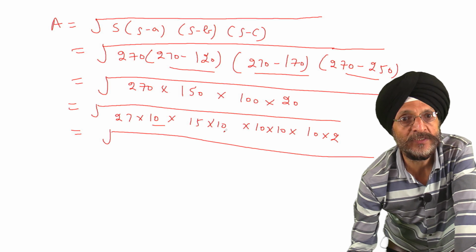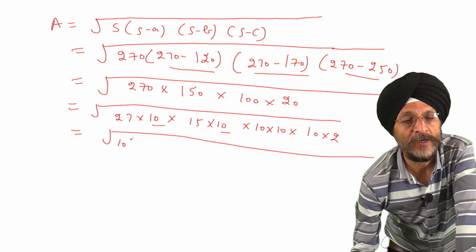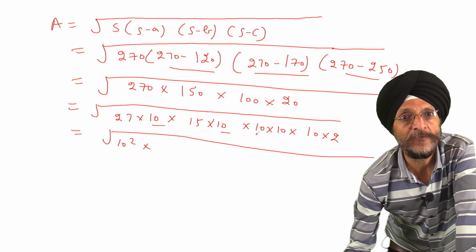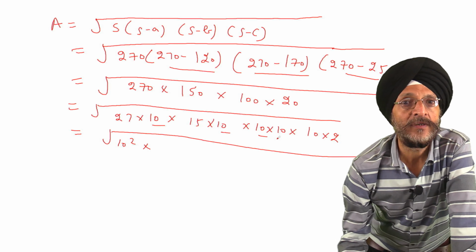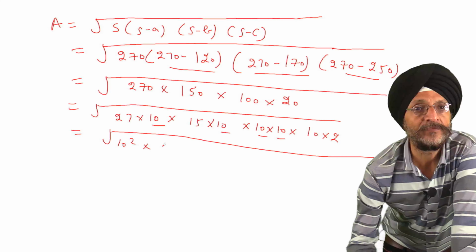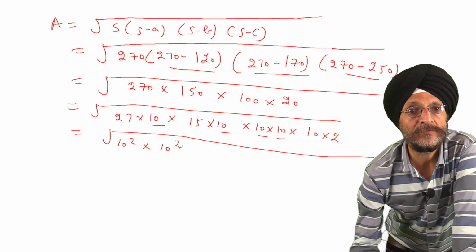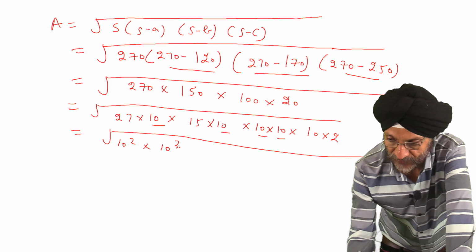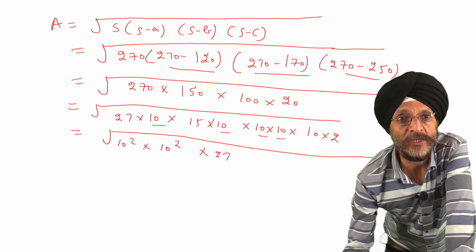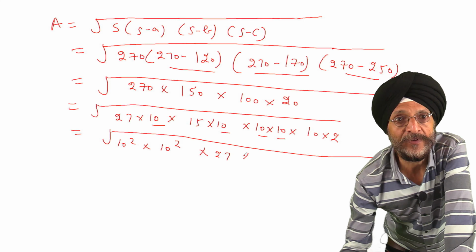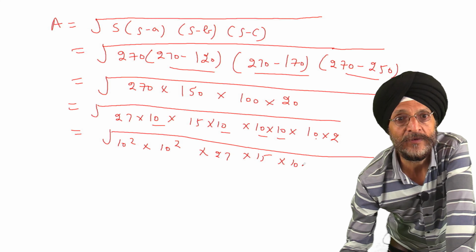These are the two pairs. One pair 10 square. This is another pair. Okay. Then what are the balance? 27, 15, 10 and 2.